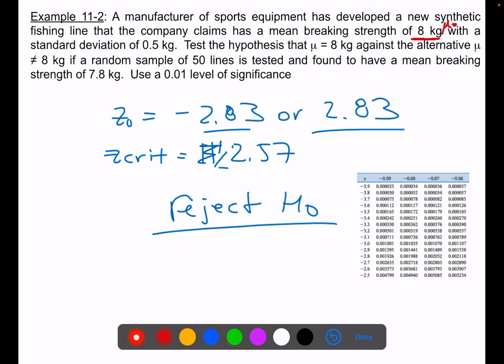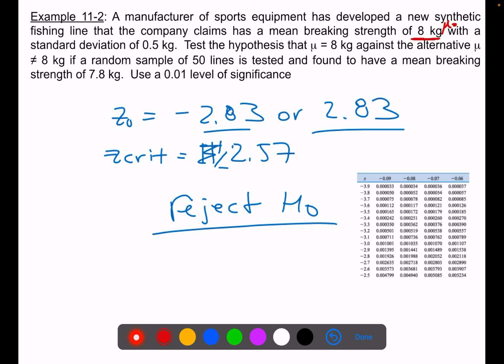Yeah, you're right. So this is S, but I mean, this 0.5 didn't actually come from math or from physics, right? This is something that the company claims. So we assume that they had many, many samples tested, right? Because of that, we assume that this is sigma. This is the population.